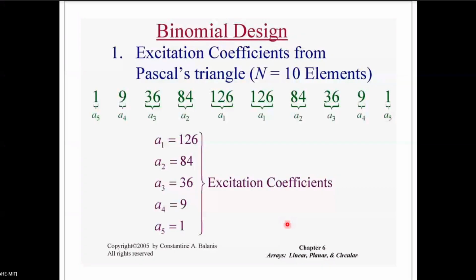But this is just the array factor, sir. What should we design further? See, for example, if you get 2a1 plus 3a2 plus 4a3, you can divide by 2 throughout. You can normalize, one step of normalization you can do. So a1 plus 1.5a2 plus 2a3, like that.